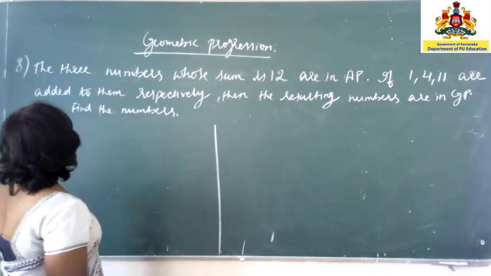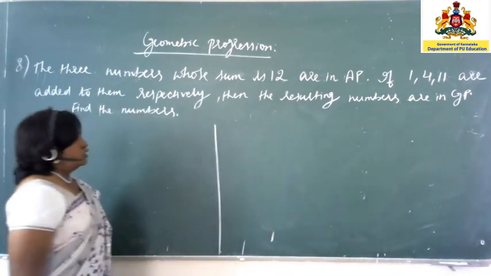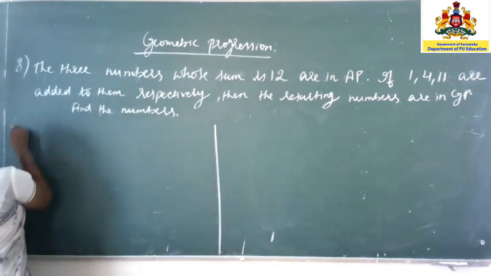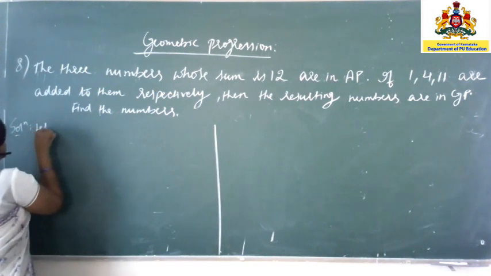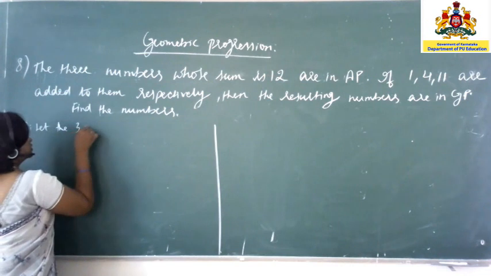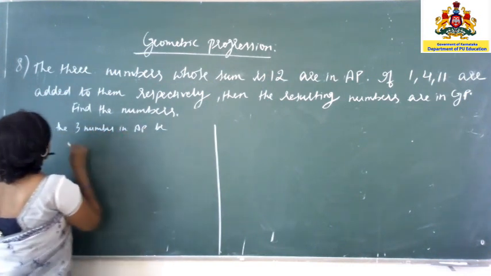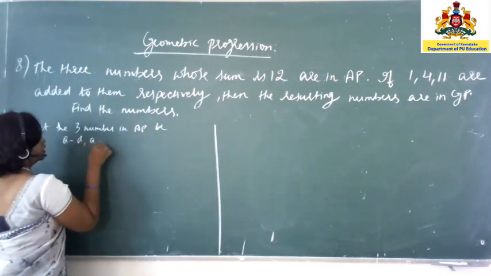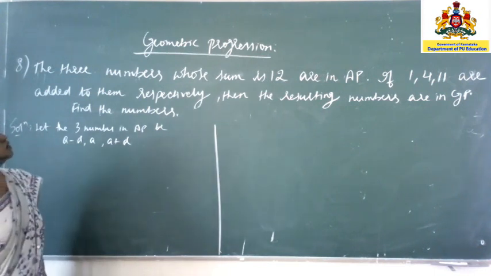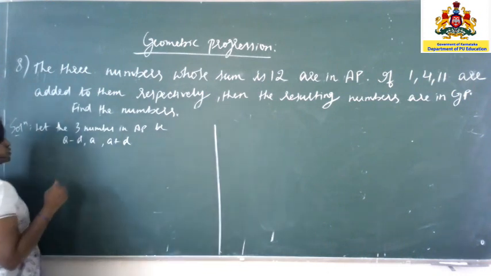If 1, 4, 11 are added to them respectively, then the resulting numbers are in GP. Find the numbers. So this can be asked for 5 marks. Solution. Let the three numbers in AP be a minus d, a, a plus d. The three numbers whose sum is 12 are in AP. Sum is given as 12.